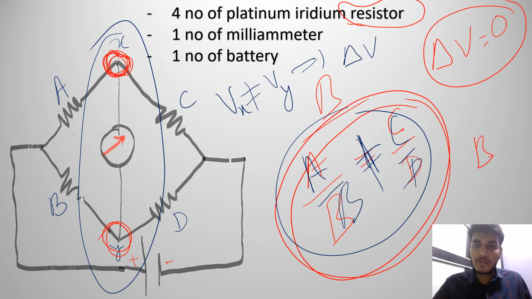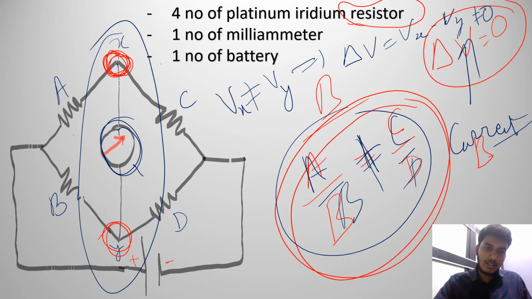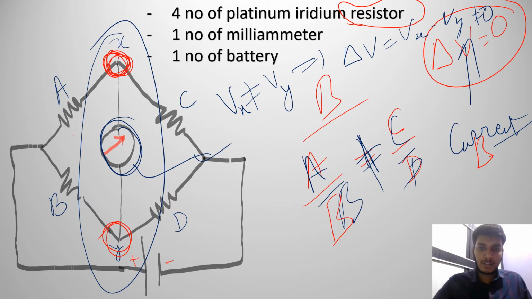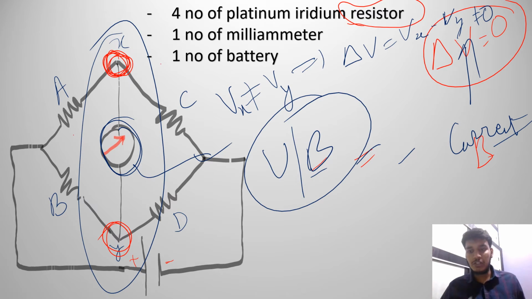Therefore delta V, that means Vx minus Vy, will not be equal to 0, and hence this will be the reason for the flow of current, and this current will be measured by the milliammeter. This will be the unbalanced form of the Wheatstone bridge.